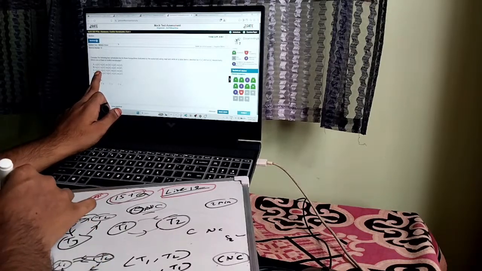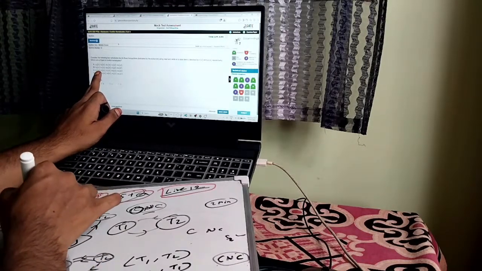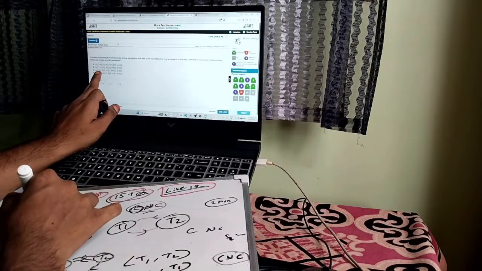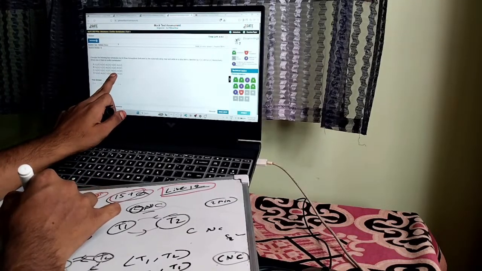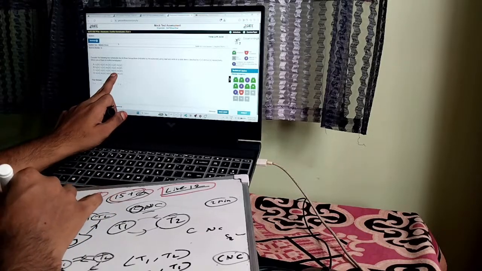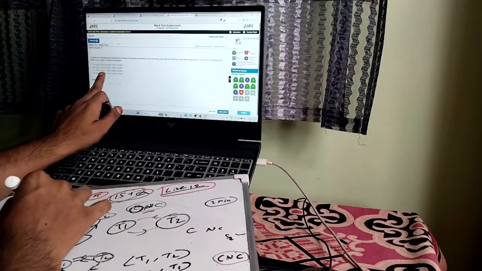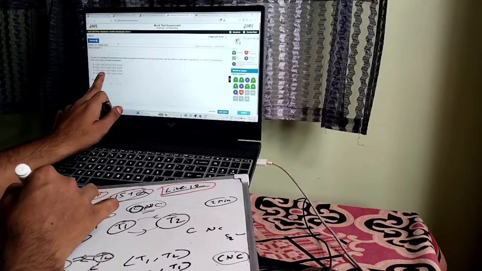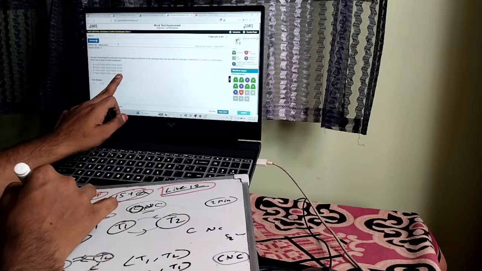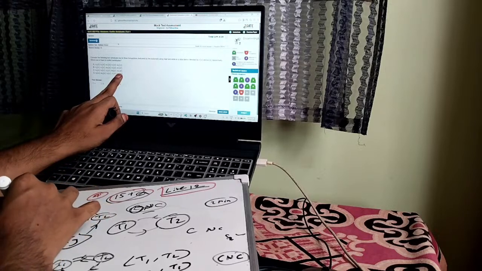R3. Okay, let's see. T1, T2, T3. Then R3, 3 to 2, and 3 to 1. So if we go to 2, 2 to 1.